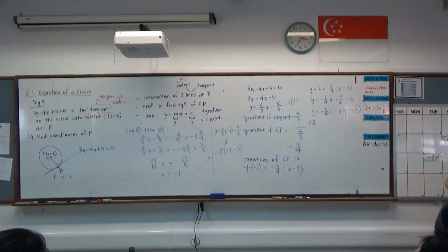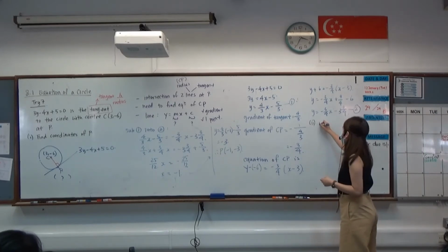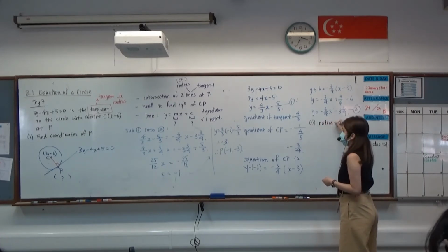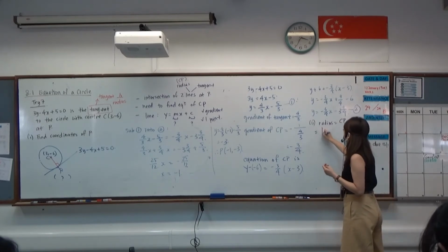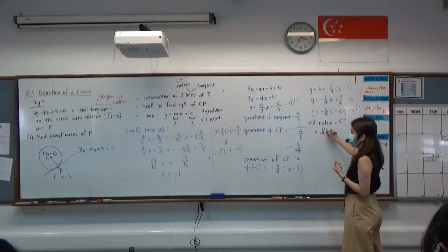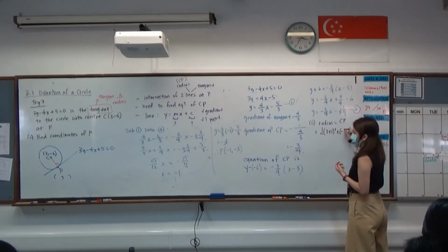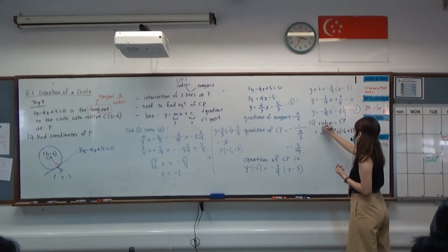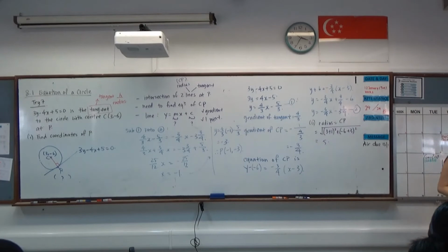The length of the line segment, between the center and P. So the radius of the circle is the length of CP. That would be the square root of 3 minus negative 1 squared plus negative 6 plus 3 squared. I think that's 5.